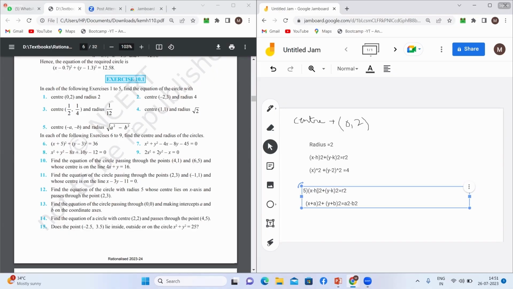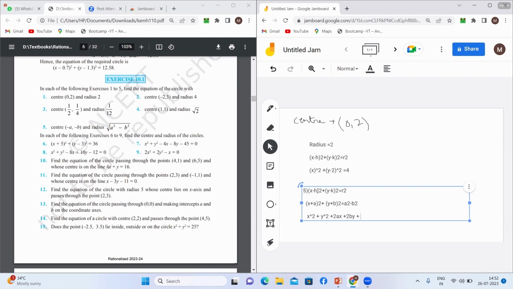So if I open this and solve, after opening this, I will get x square plus y square, plus 2ax, similarly plus 2by, plus a square minus b square.